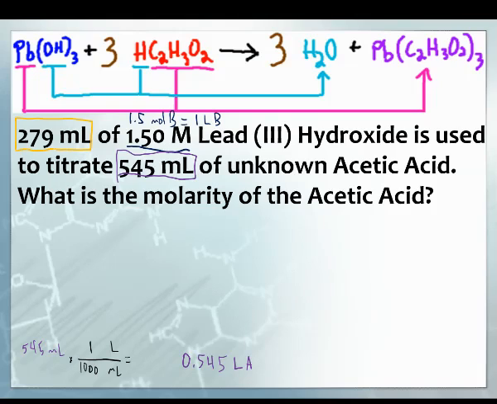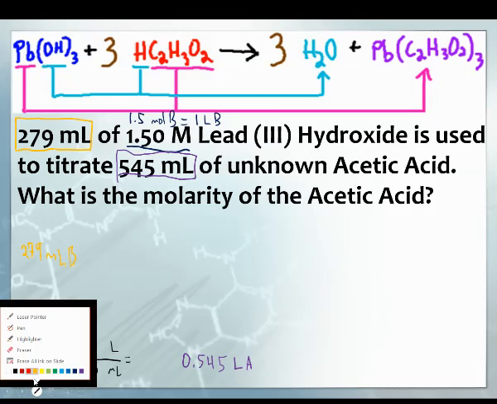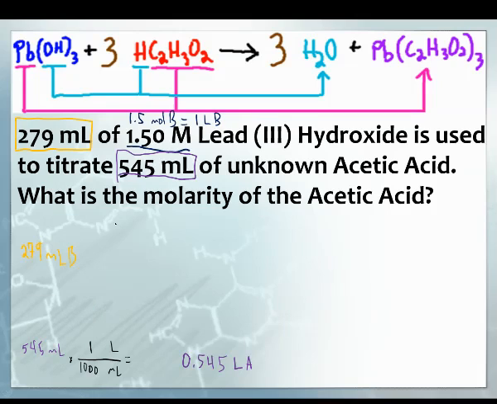So I'm going to start with that next. I've got 279 mLs of base. I am again going to convert that with metric because I want to change that to liters. So I'm going to take my milliliters down, liters up top. There's 1,000 milliliters per liter.